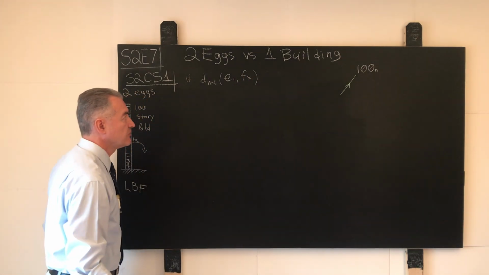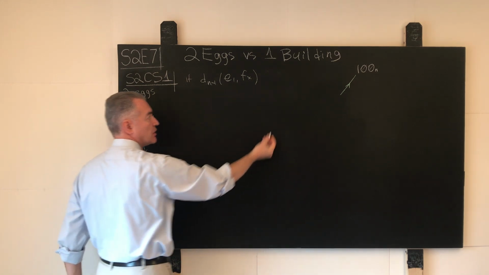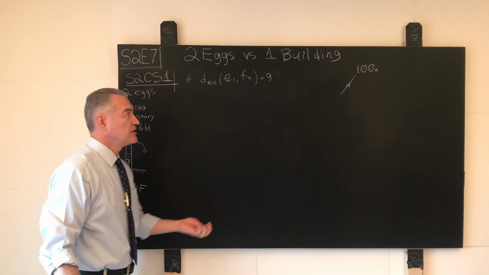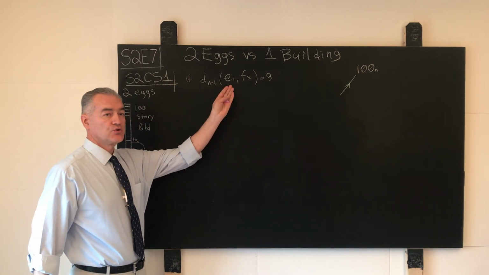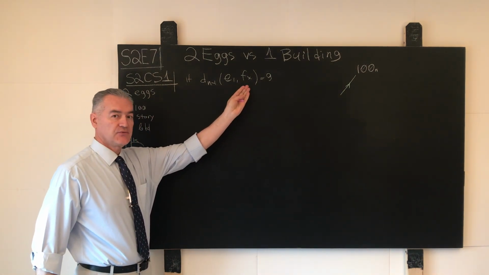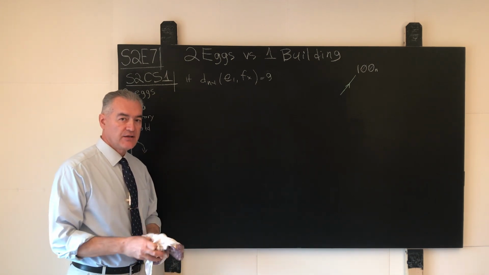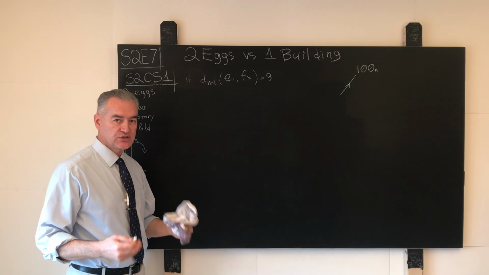And if the result of this drop was good, meaning that when the first egg was dropped from the floor f sub x it did not break, then that outcome of this test forced us to do what?